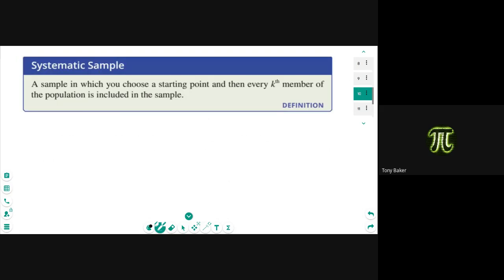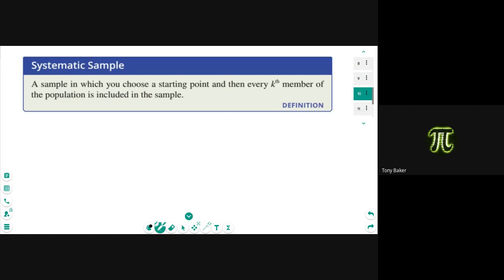What about a systematic sample? A systematic sample is if I have a list of people or a list of data and I take every 7th piece of data. Is that random? It's more random. Okay.